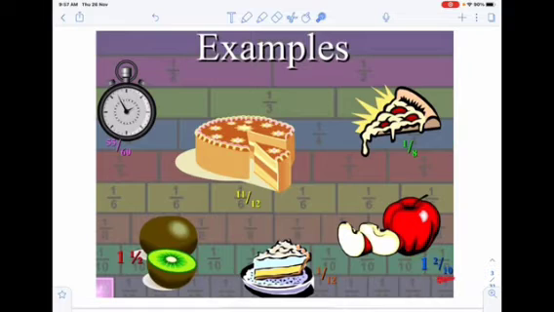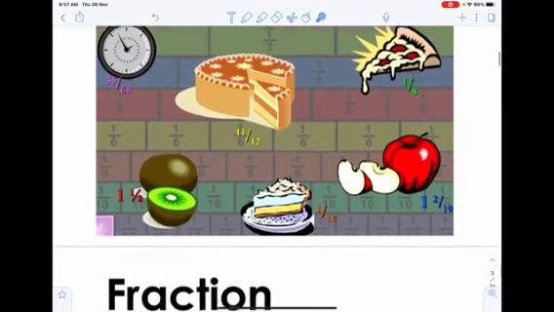Then this is 2 by 10. I have made 10 slices of another apple, and I have just shown 2 slices out of the 10 slices. Okay, this is how even in clocks we find the fractional representation.